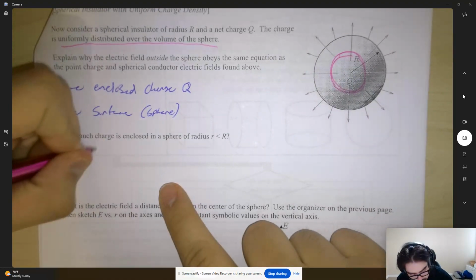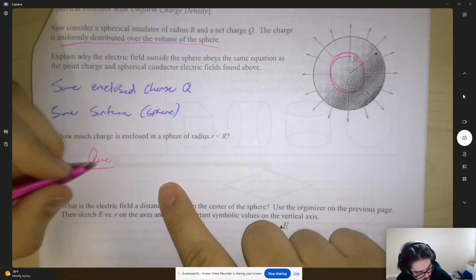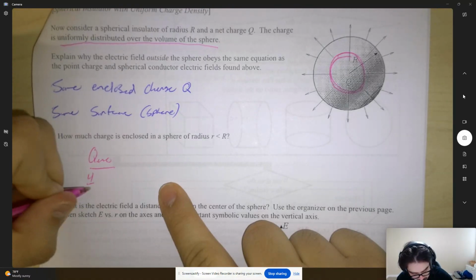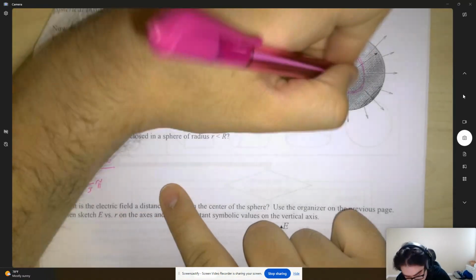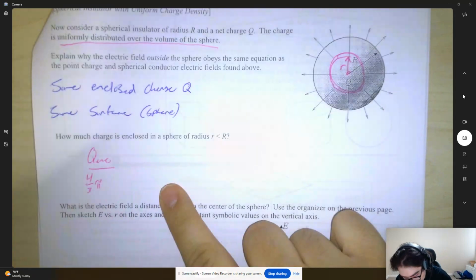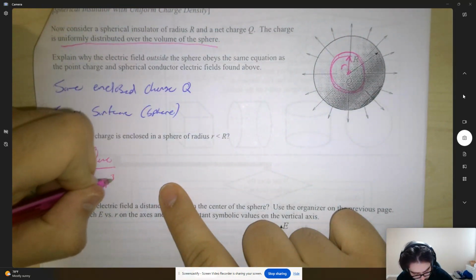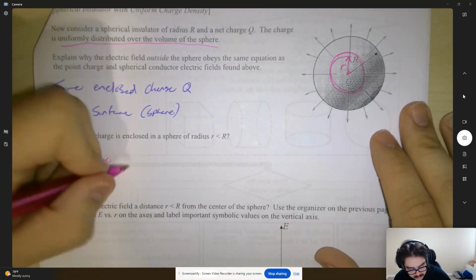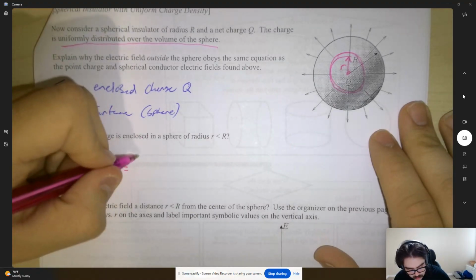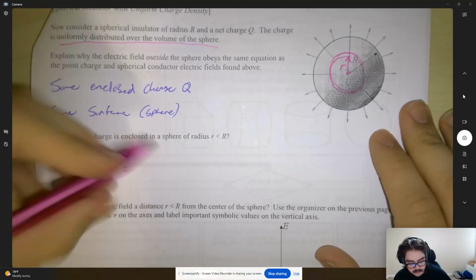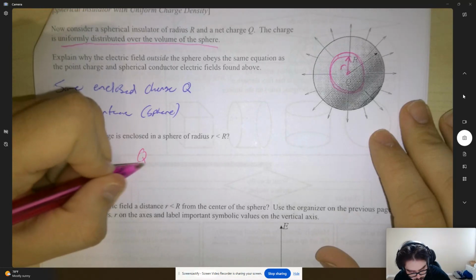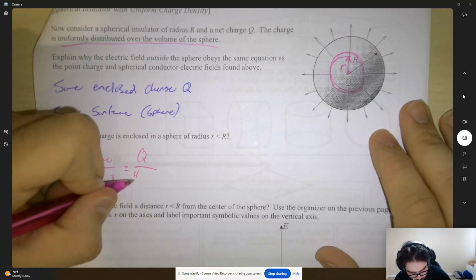So I can do Q enclosed over the volume taken out, which has radius little r, so little r cubed. I can set that equal to the total charge over the total volume of the sphere, because if it's uniform, these ratios should be equivalent.